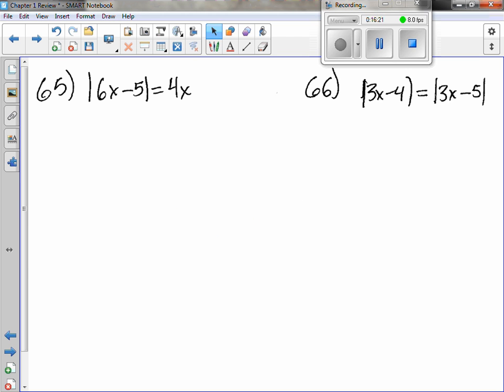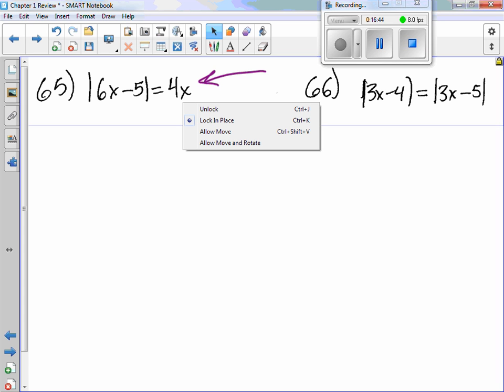So these here, you solve the same way. If there is a variable outside of the absolute value, check your answers. Check your answers, okay? Because this is the case where the negatives don't always work. For this one here, it works out that the solutions worked on both of them.